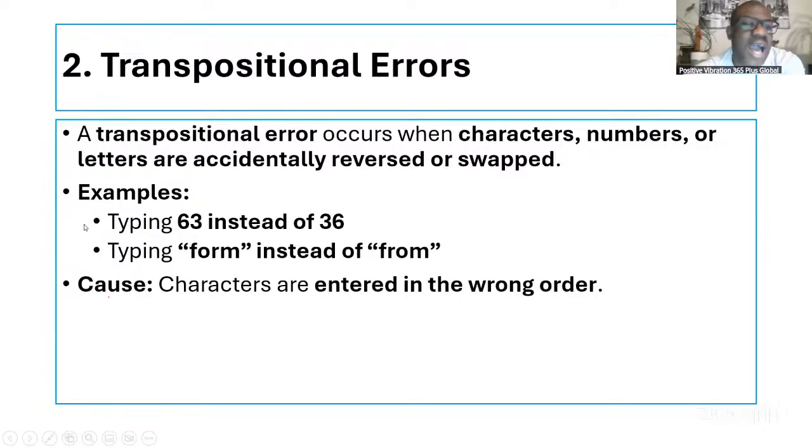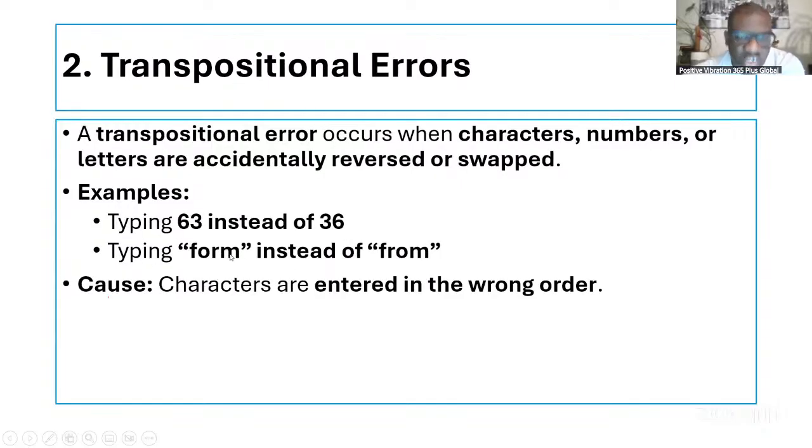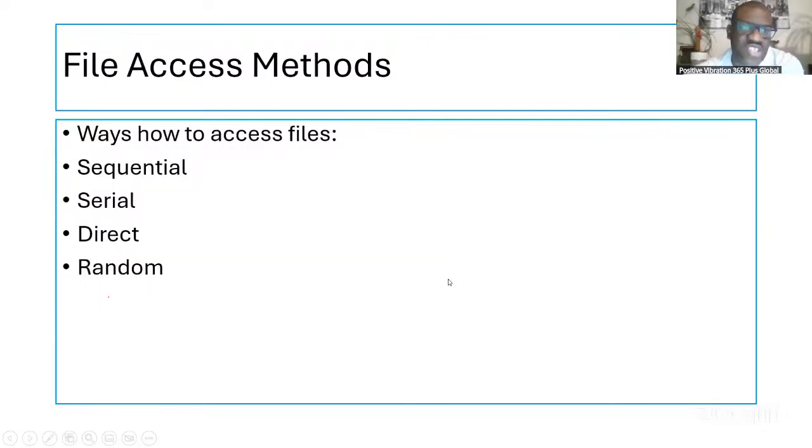Or in this case, we could argue that TEH is also transpositional in a sense, because it's still the same letters, just in the wrong place. Nevertheless, they are typos. Over on this part, you wrote form instead of from. If you look at the position of the R and the O, it is in the wrong order. So this is what we consider to be transposition errors.